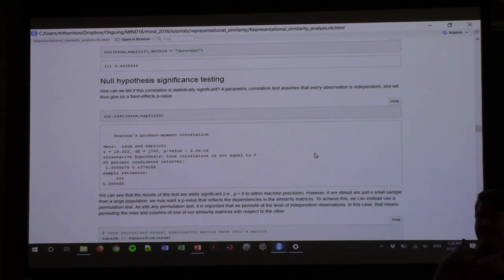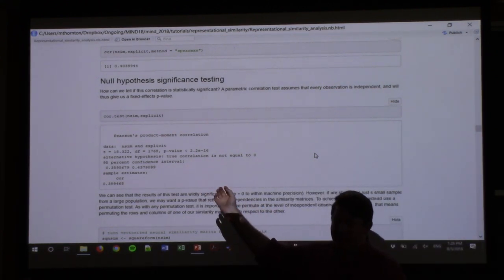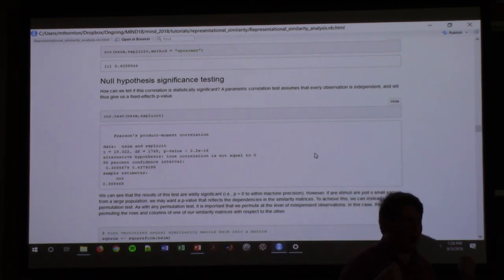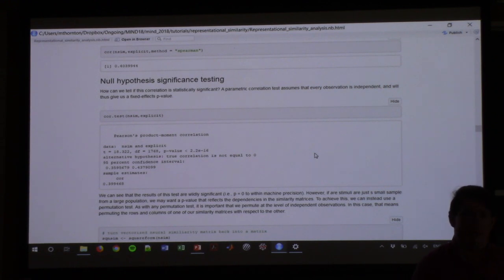As a result, when you do a correlation test, it thinks you have 1,770, in this case, minus degrees of freedom, independent observations. So when it's calculating the p-value, it's being very optimistic because it thinks you have all these independent things, when in fact you only have, in this case, 60 independent things, the famous people.